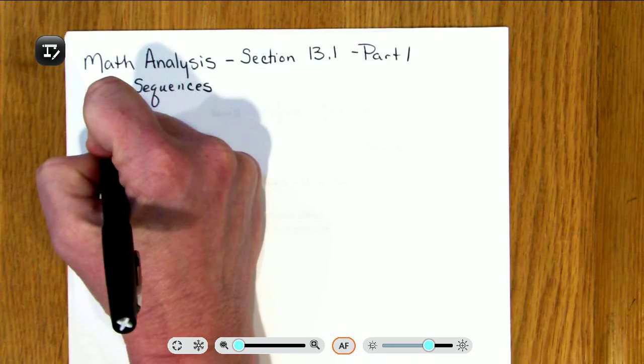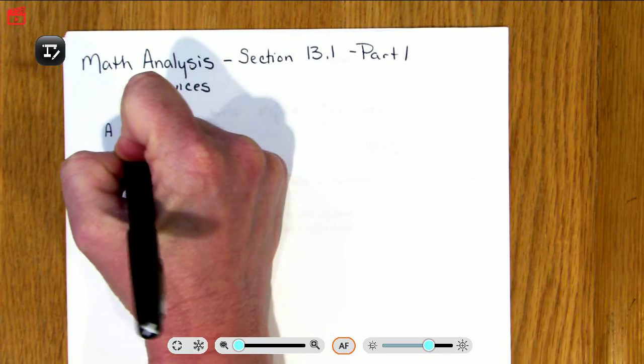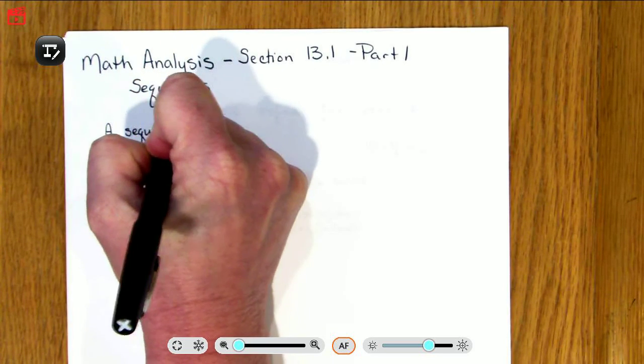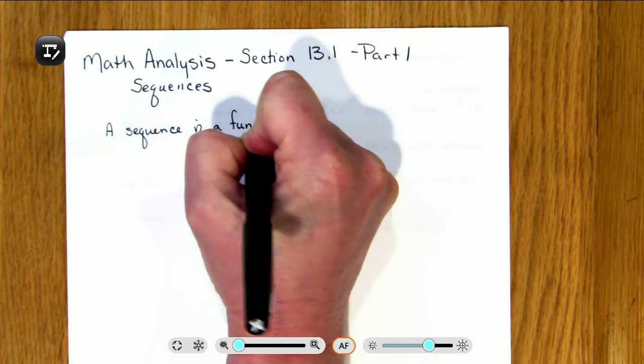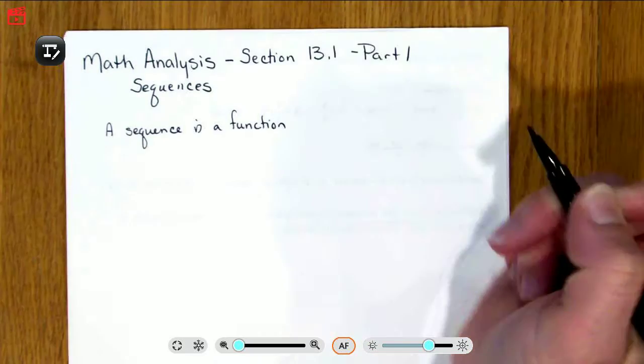So starting off with a definition, we're going to say a sequence is a function. So again, a function means for everything you put in, you get only one thing coming out.